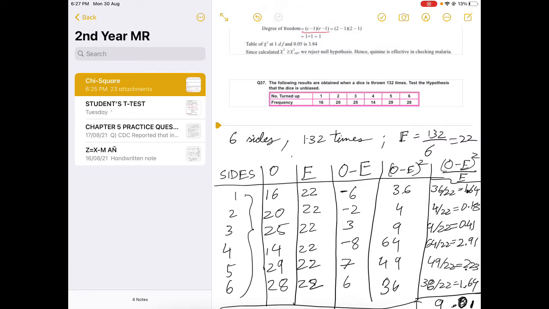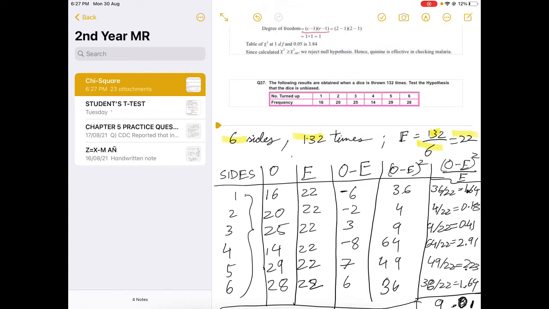So we take the total number of throws divided by the possible outcomes, which is 6. Divide 132 by 6, we get 22. That means each outcome is possible 22 times if it's a fair dice. This is the estimated value. Given that it's a fair dice, each side should come 22 times.